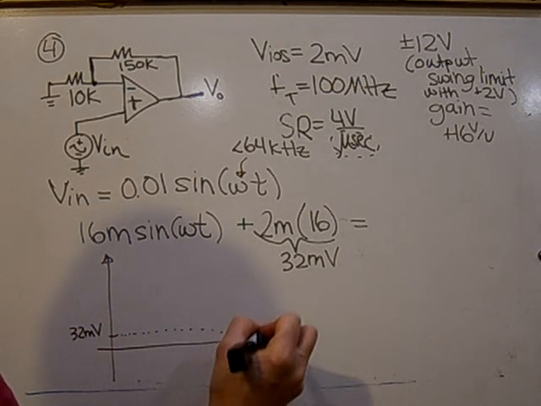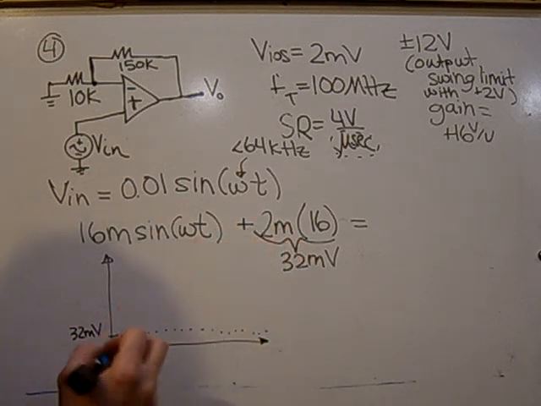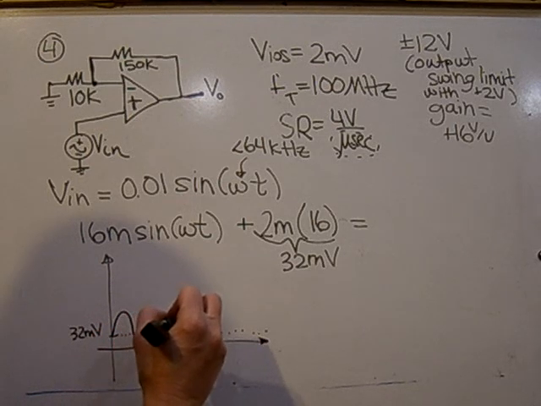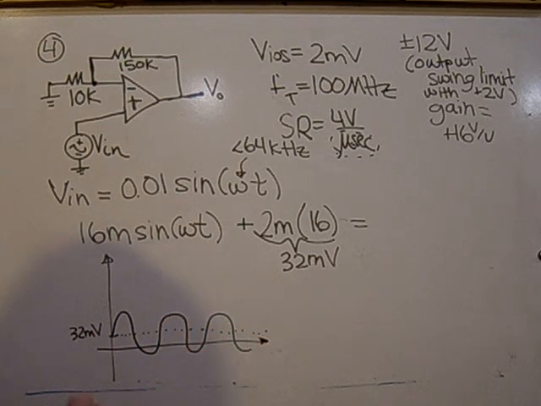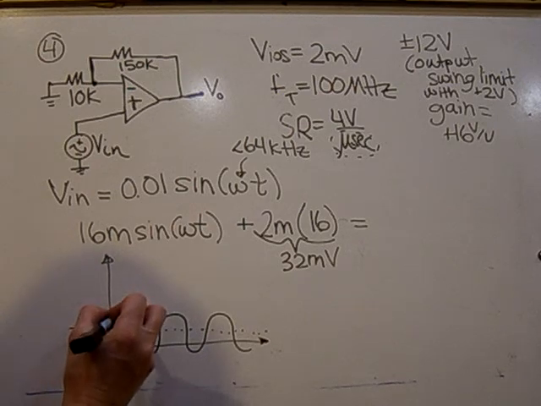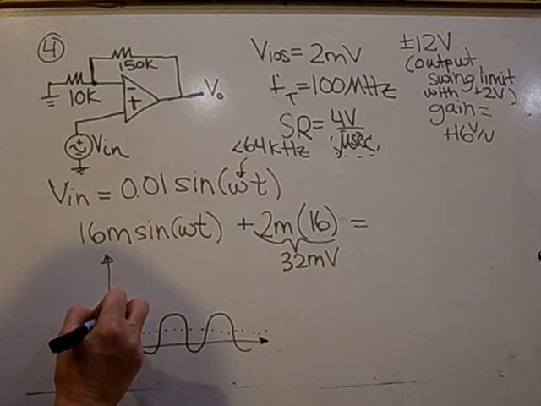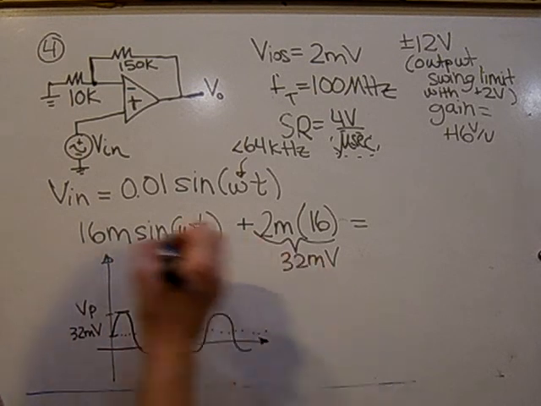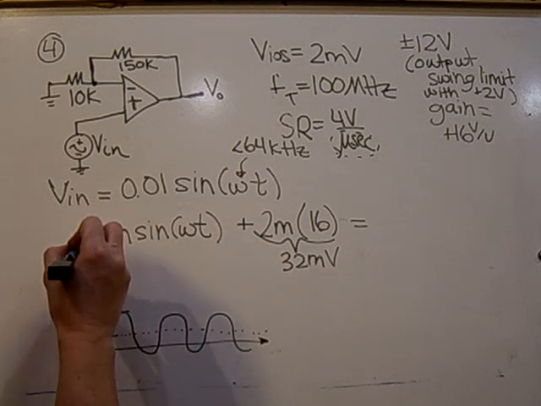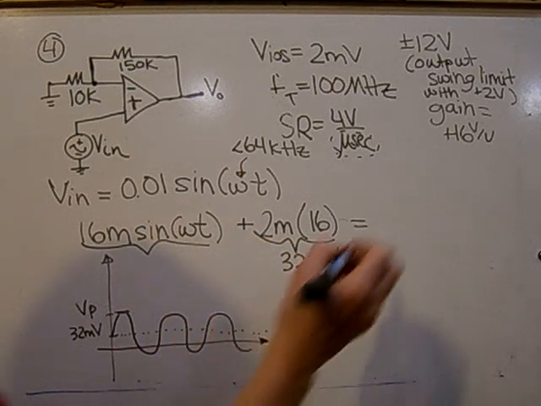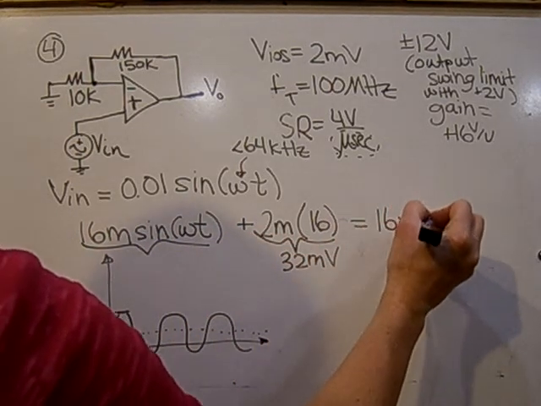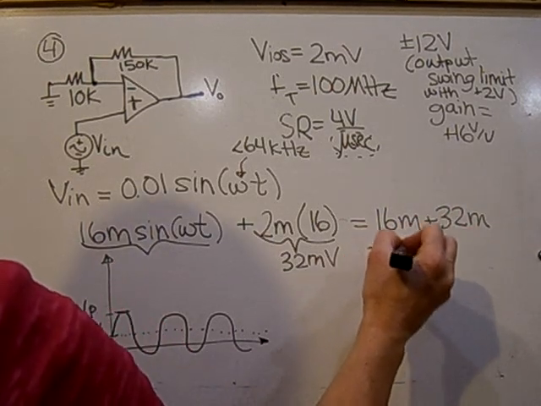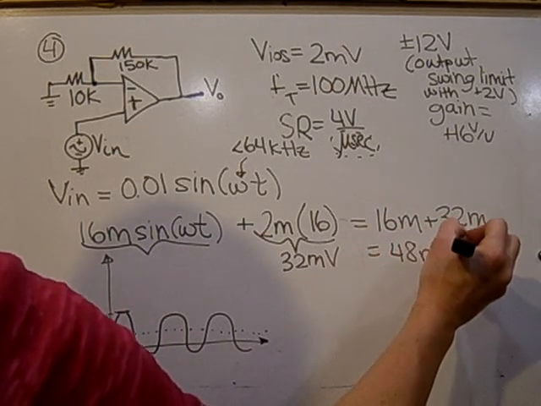Again, this is not a fixed quantity and it can vary. The sinusoid will be around the 32 millivolts. So our peak value, which is what we want to know here, is the combination of the peak of this plus the 32. So it's 16 milli plus 32 milli, for a value of 48 millivolts.